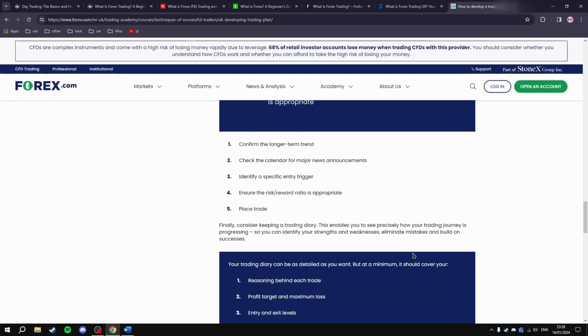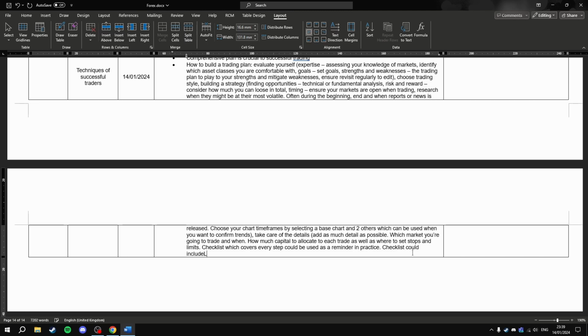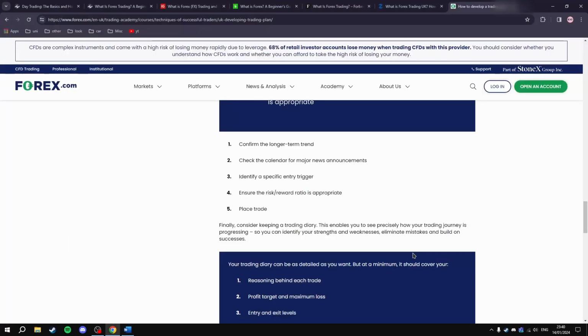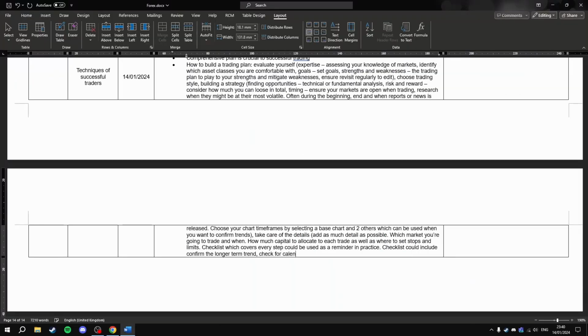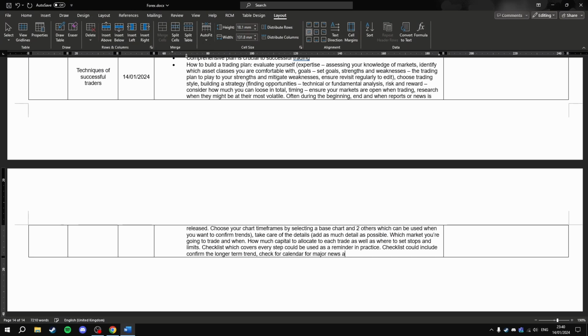So, confirm the longer term trend. Check the calendar for major news and announcements.